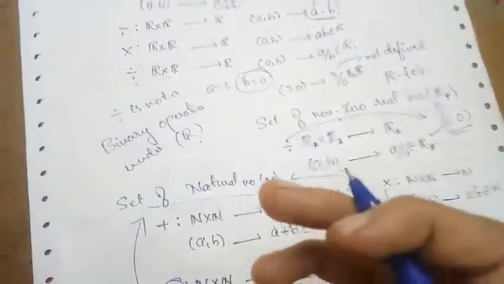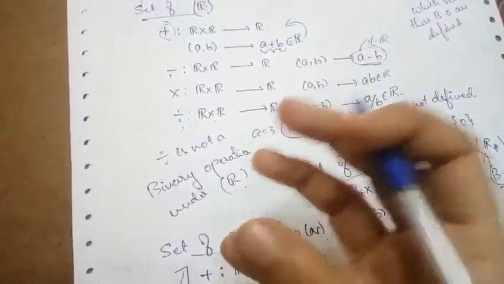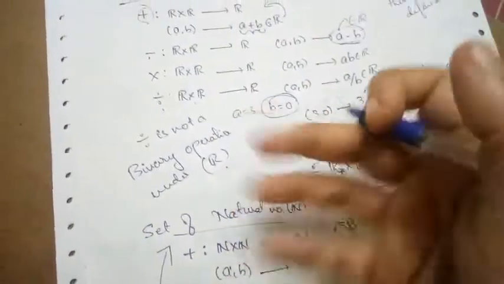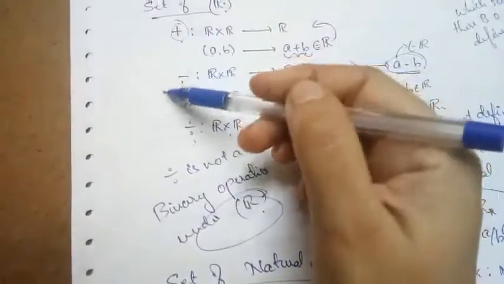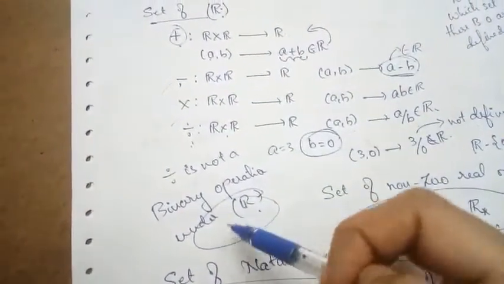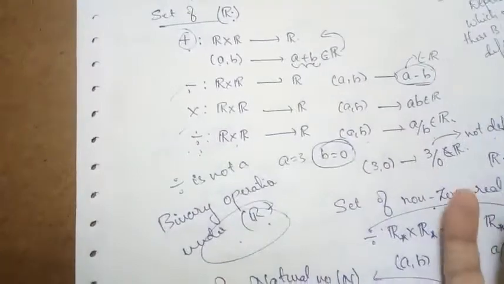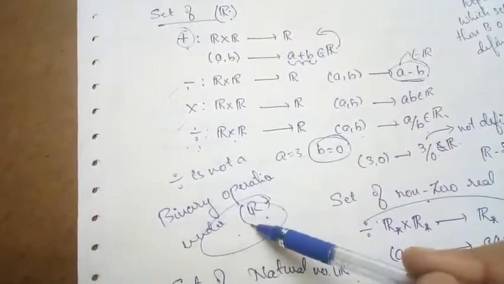So this is how the binary operations differ from set to set. For the set of real numbers, addition, subtraction, and multiplication are binary operations, but division is not a binary operation under real numbers.